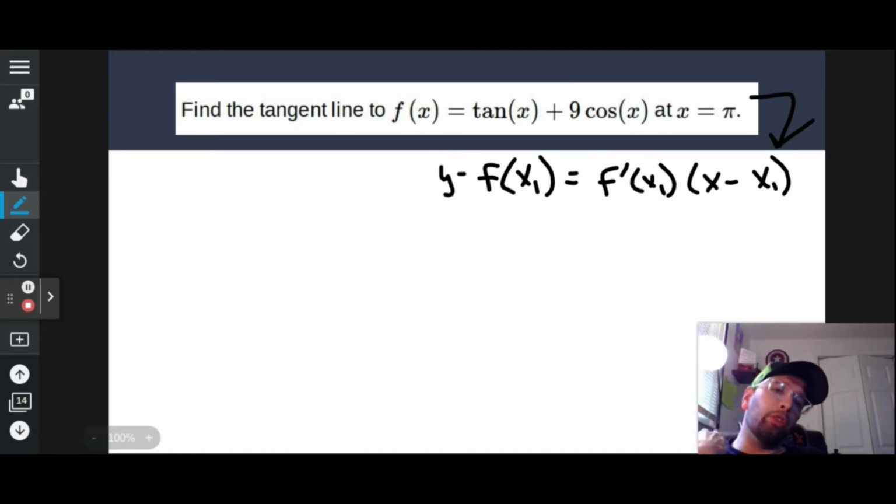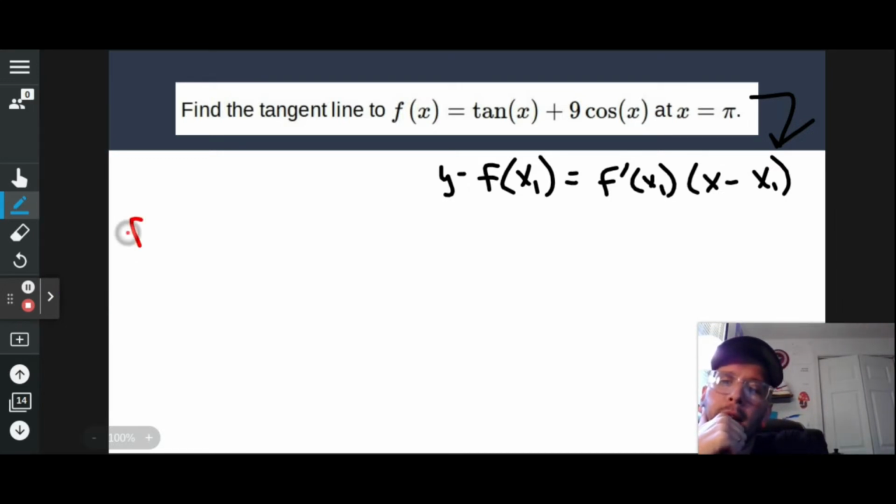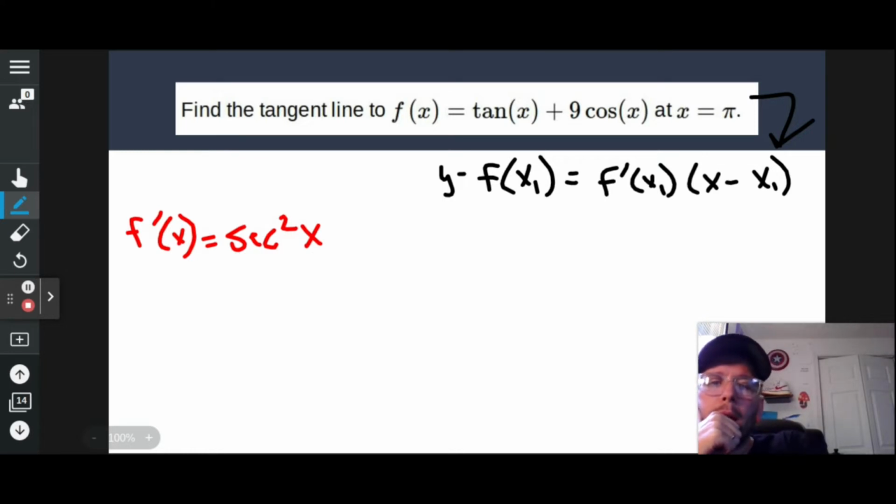So I need to find the derivative. f prime is going to be secant squared x minus 9 sine x. I have to plug in pi.